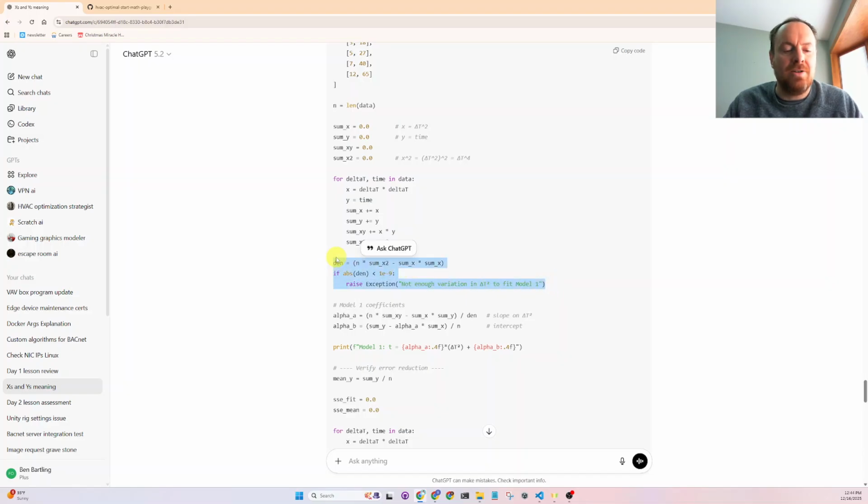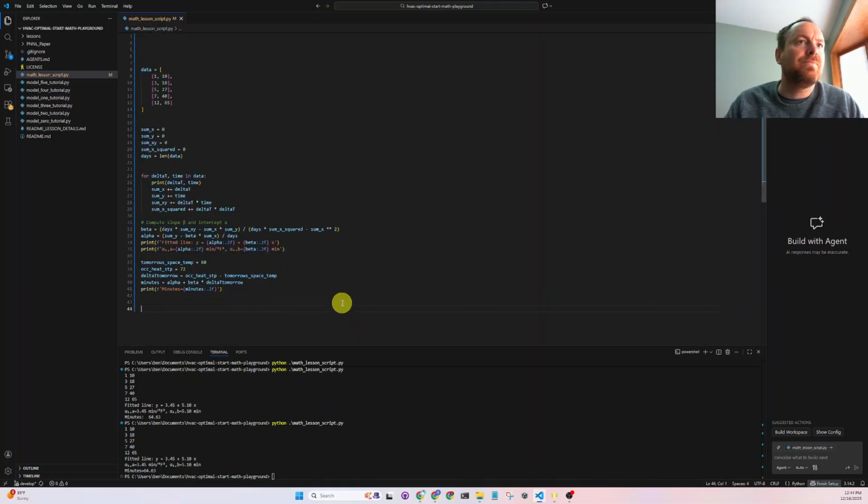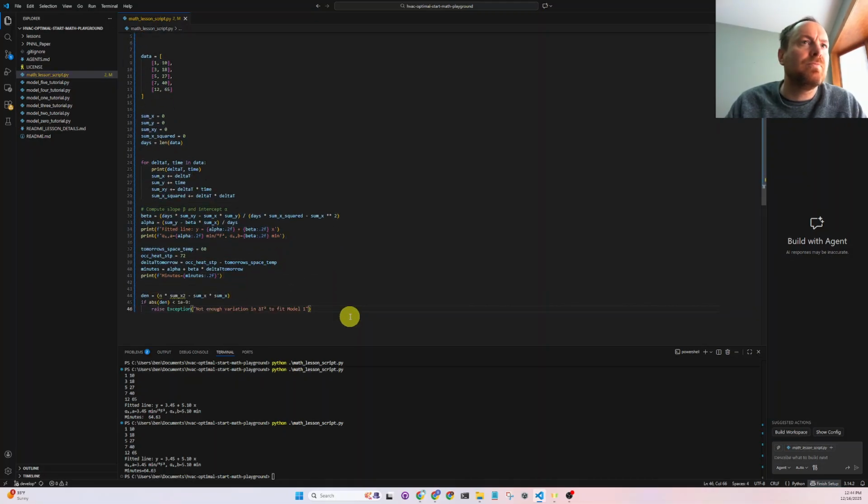And then that'll just end our program actually. Okay, so we have some x squared. We're calling these different variables here. And then n is days.